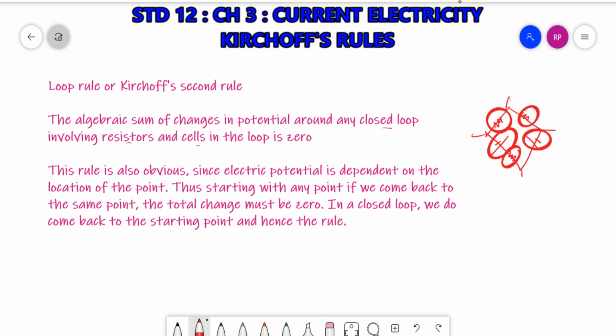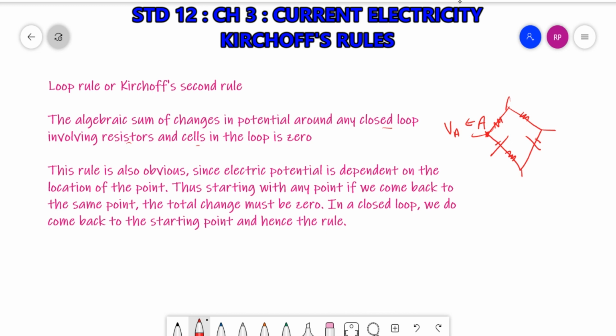This is because the rule is obvious, since the electric potential depends on the location of the point. If I say this point A, and the potential at A is VA, then it is not going to change. It will always remain VA. If I take a complete loop, the potential at point A will still be VA.